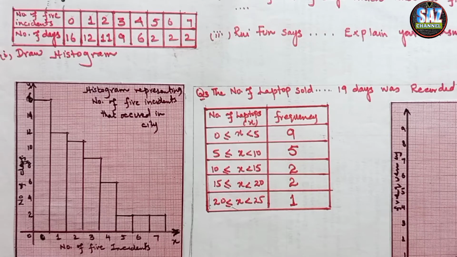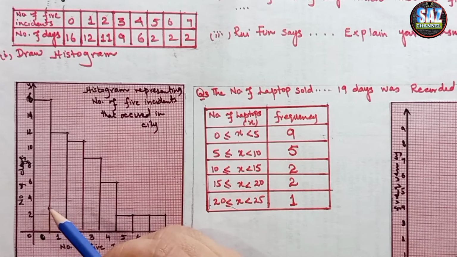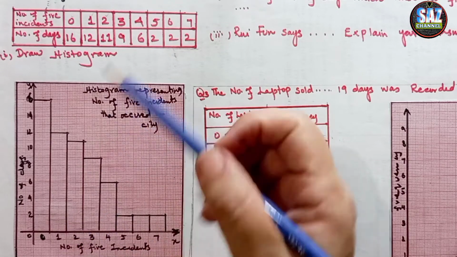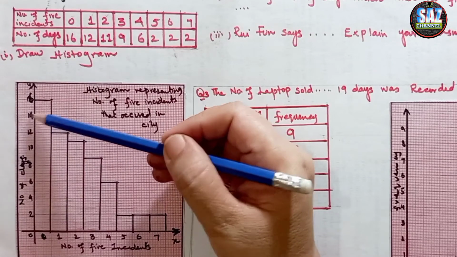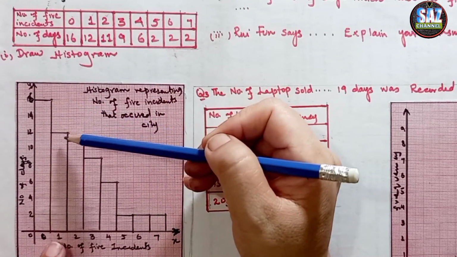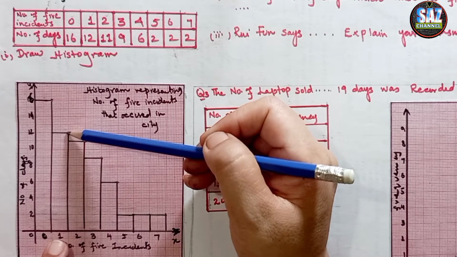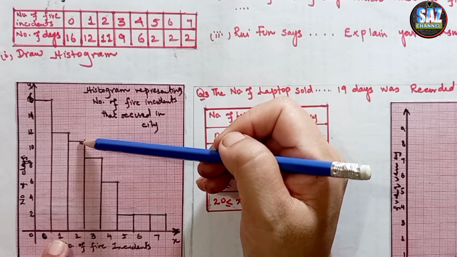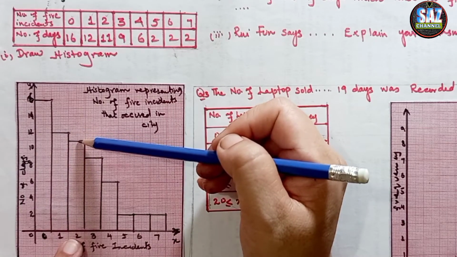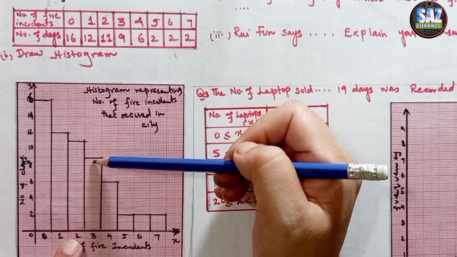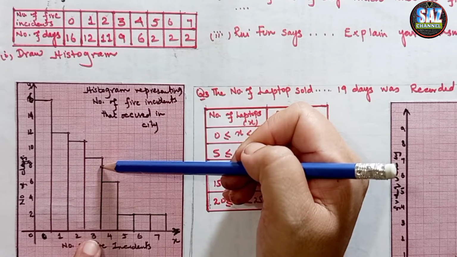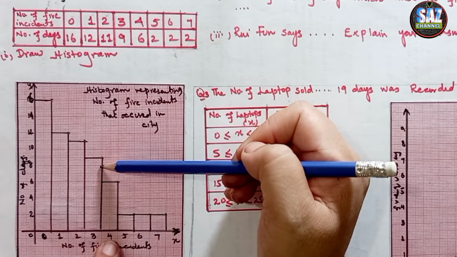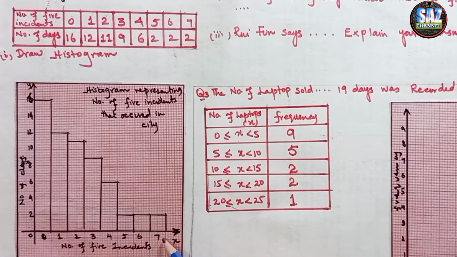Okay, before moving to the next step, I must reconfirm the drawing of the graph. 0 with 16, 2, 4, 6, 8, 10, 12, 14 and 16. 1 with 12, this is okay, and then 2 with 11, yes, a rectangle will be coming between 10 and 12, and then 3 with 9, it will be coming between 8 and 10, and then 4 with 6, 5 with 2, 6 with 2, and 7 with 2.